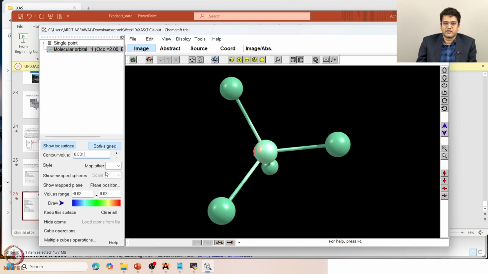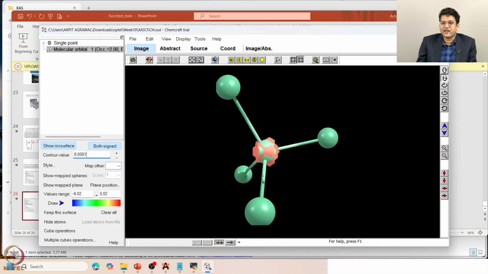You can see now it has started having some kind of a density. Maybe I have to use another 0, not good enough. So, this is where the excitation is happening from.